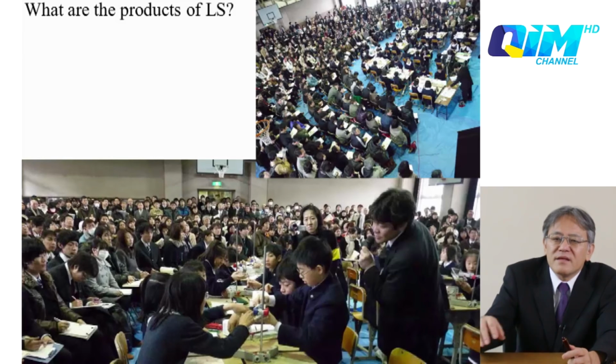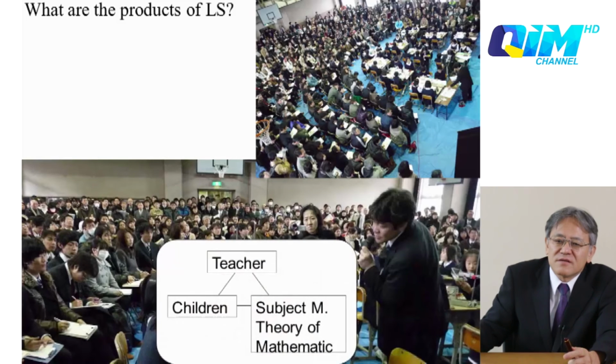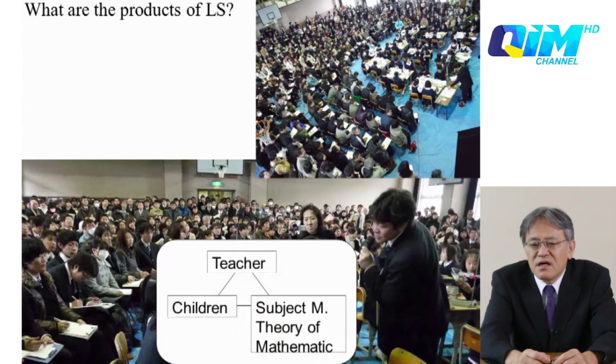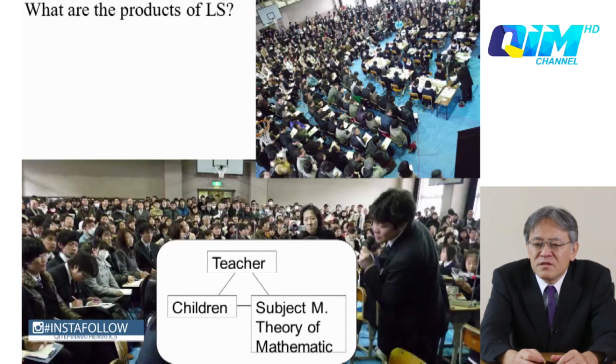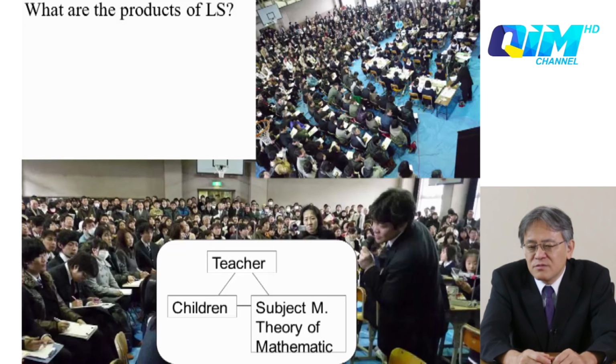Inside the class, teachers are usually engaging in teaching activity, and the children are engaging in learning activities. The topic of the teaching and learning is the content or subject matter. Teachers have an objective of teaching, and the children have an objective of learning.